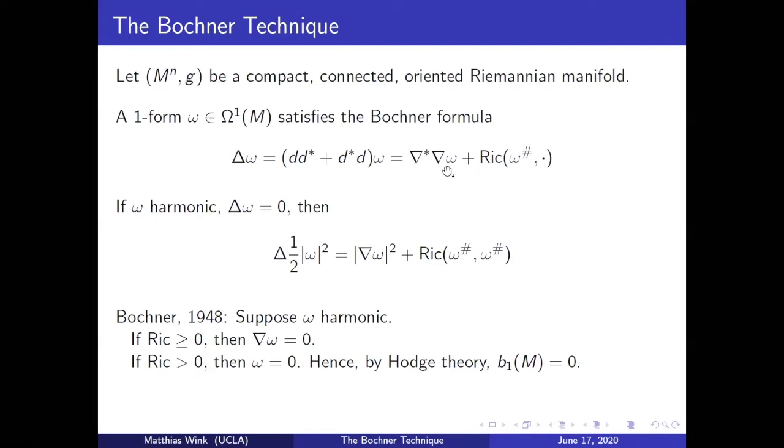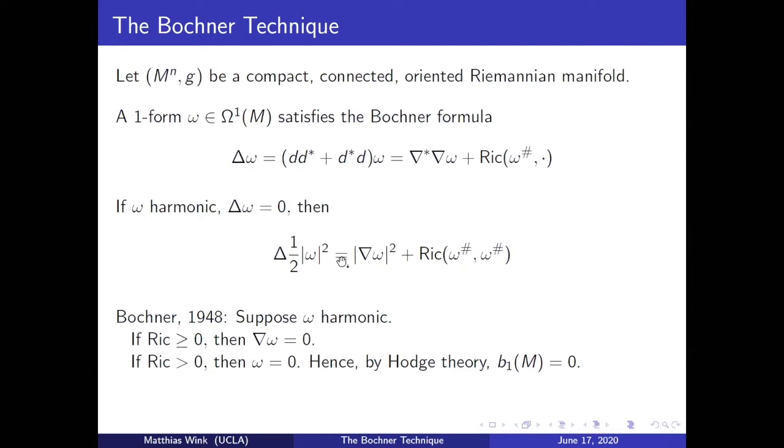So what can we do? Well, let's assume we have a harmonic form. That means we've got a form that sits in the kernel of the Hodge Laplacian. We can calculate the Laplacian of half the norm of omega squared. We're going to get two terms.